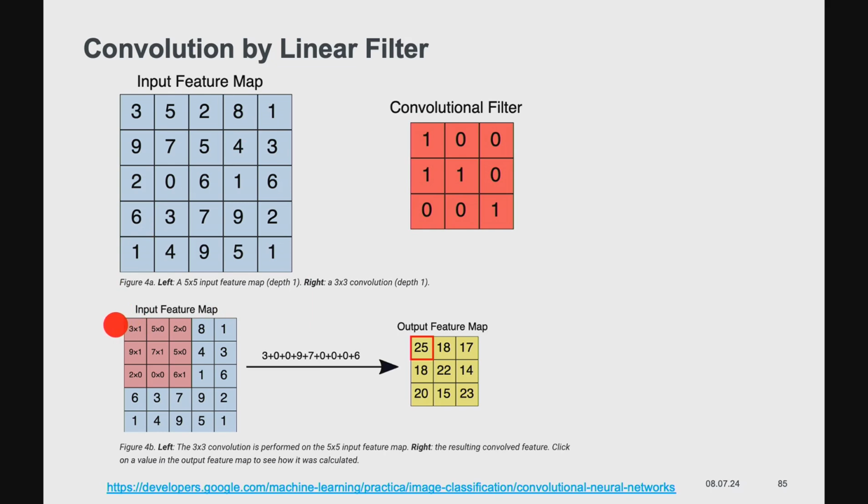The position had a 3, so it's 3 times 1. This is 5 times 0, and so on and so forth. This gives you 9 values, and you add them up, and you end up with the value 25.